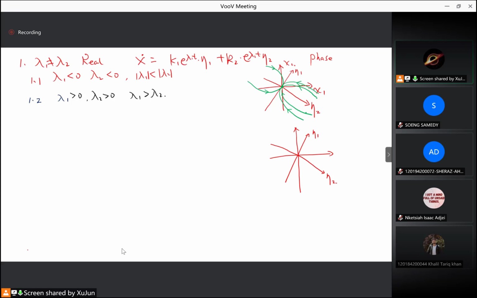So when the system goes to the positive infinity, it will be parallel to eta 1. When the system goes to negative infinity, it will be tangent to eta 2. So it will be like this figure, but to infinity. It'll be like this.